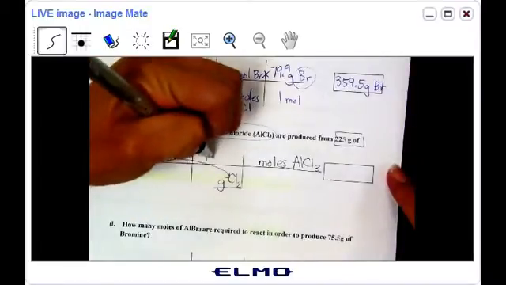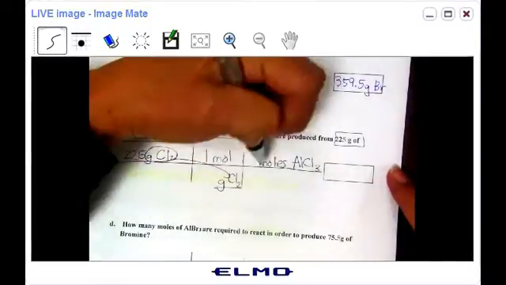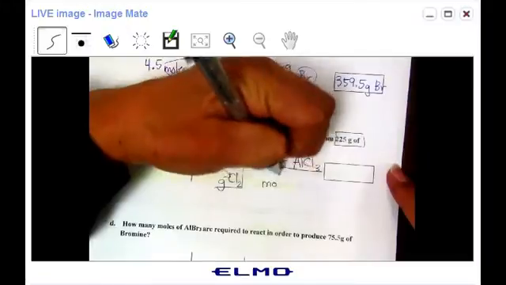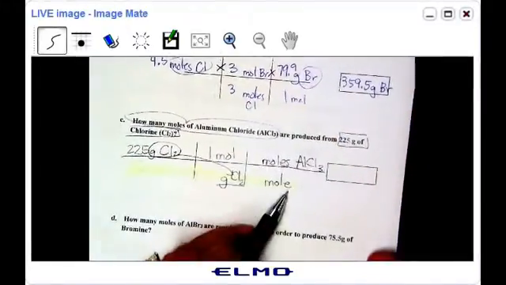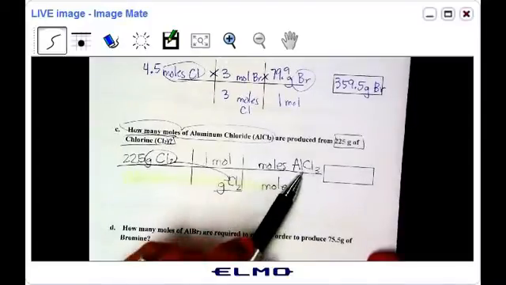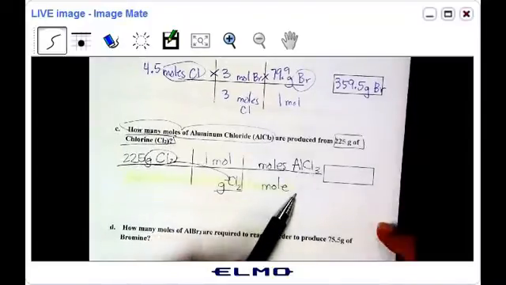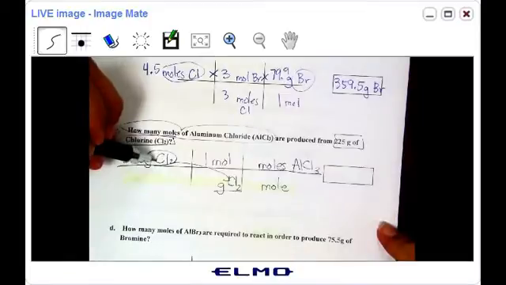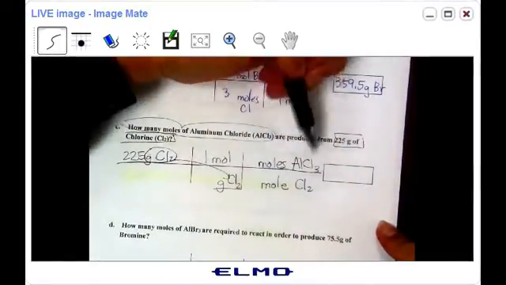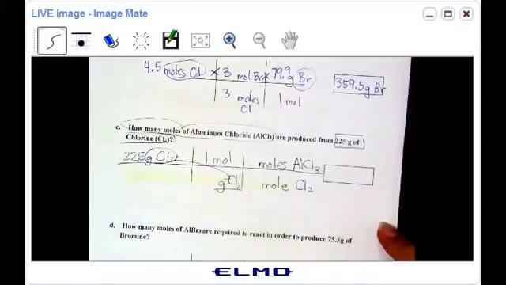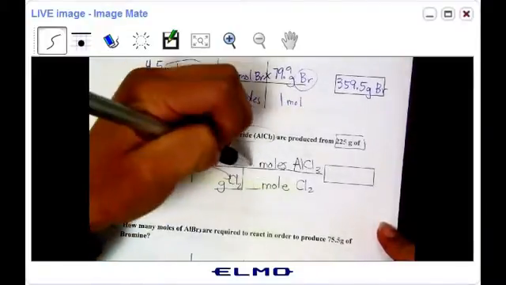In the middle it said I could put 1 mole, and then on the top and the bottom it said mole. Okay? Down here on the top will be your unknown, on the bottom will always be your known. So we know chlorine. What we didn't know was AlCl3. What numbers go here?